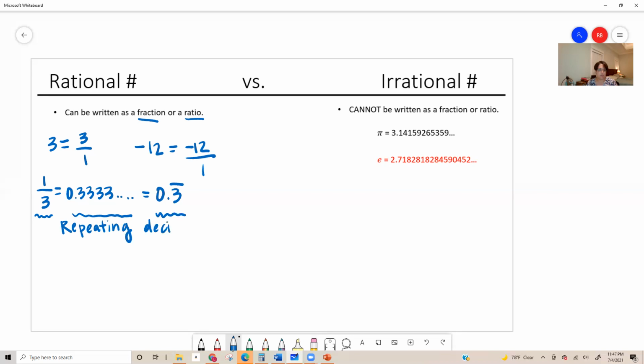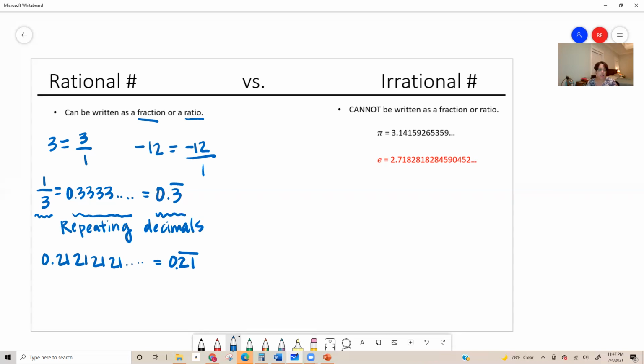You also can have repeating decimals like 0.21212121 and so on. You'll see that it could be written as 0.21 with a bar over it. That's also another form of a repeating decimal.